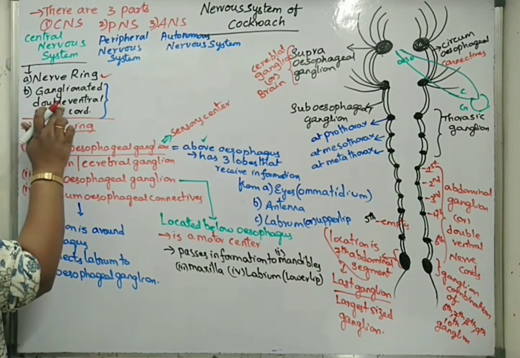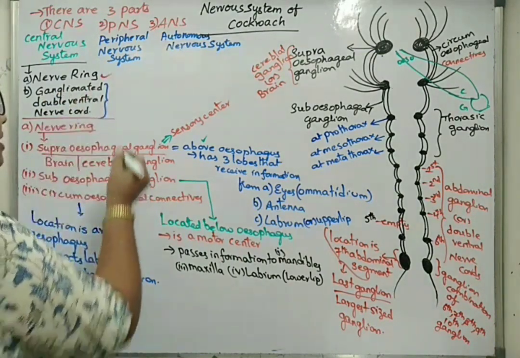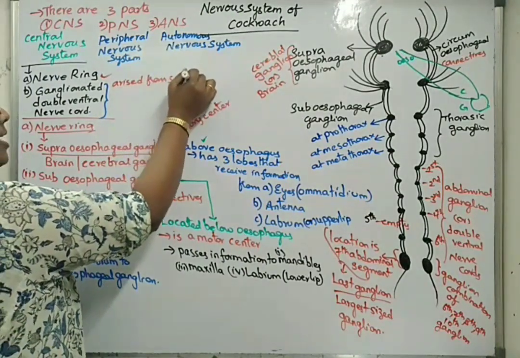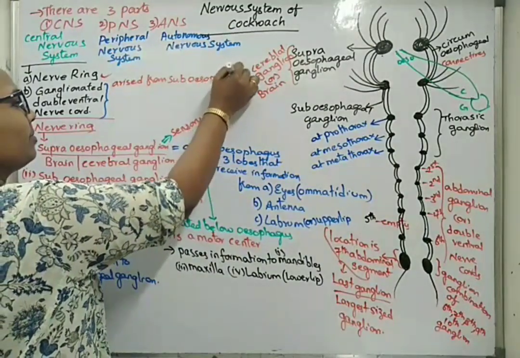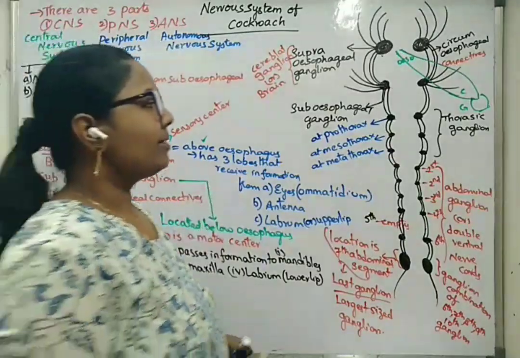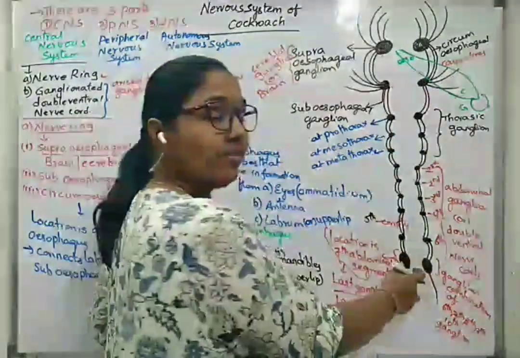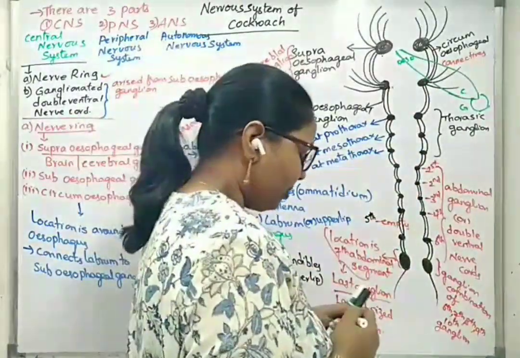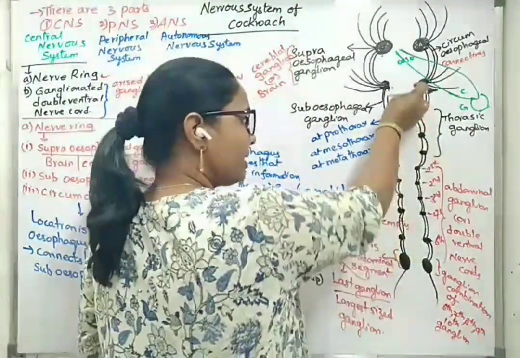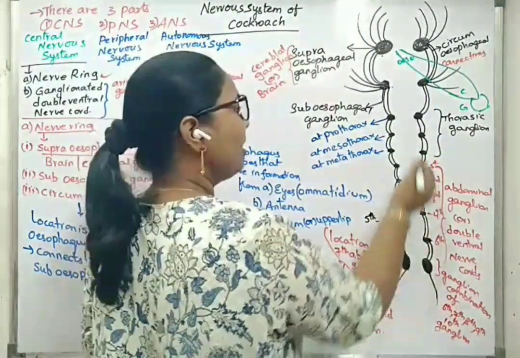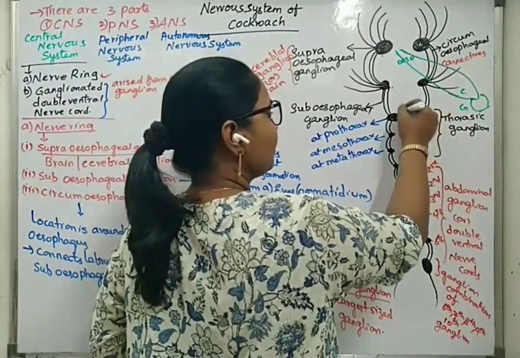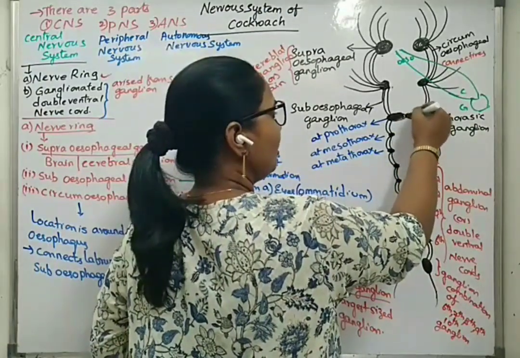Next is ganglionated double ventral nerve cord. This double ventral nerve cord arises from subesophageal ganglion. It starts from here and goes up to the 7th abdominal segment. We have to say one important point: the double ventral nerve cord is separated, starting from subesophageal ganglion up to here, except at the ganglionated regions, where it is connected. We have to join all this.